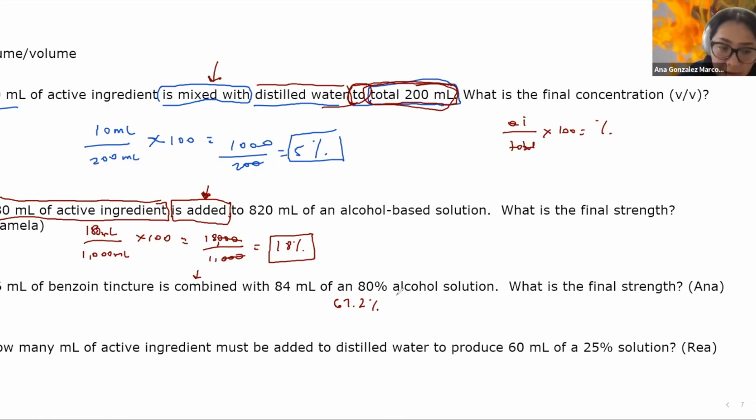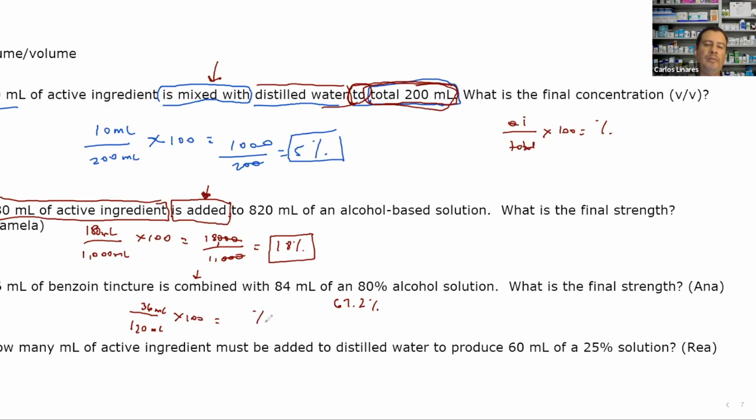But when you add 84 to 36, it doesn't give you 100, it gives you 120. Okay, so 120 mLs. How much is your active ingredient? 36 milliliters. 36 mLs times 100 gives you your percent strength. What do I do with this 80%? Nothing, because it's a base. It doesn't really influence the final percentage.